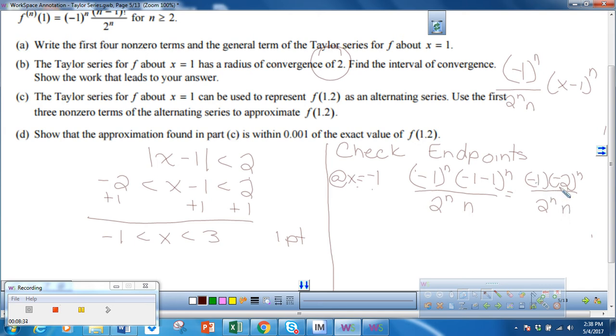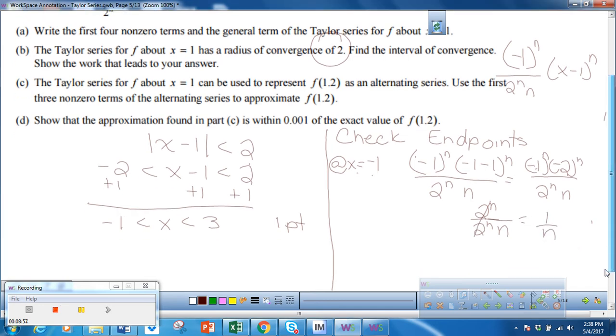Now, because this is a negative and this is a negative, this is no longer alternating. And I can multiply these two together because they have the same exponent. I can multiply the numbers together and I get 2 to the n over 2 to the n over n. Well, that cancels, and now I have 1 over n, which is no longer alternating, so it does not converge.